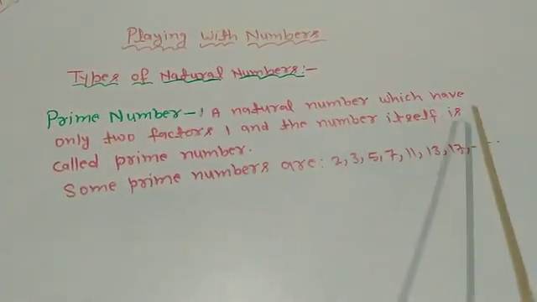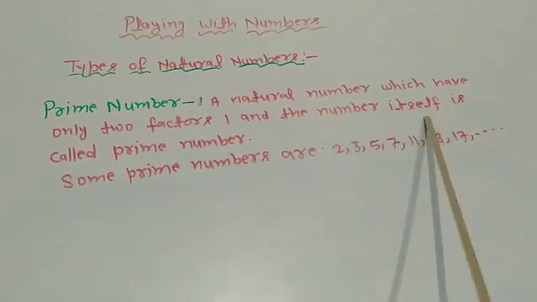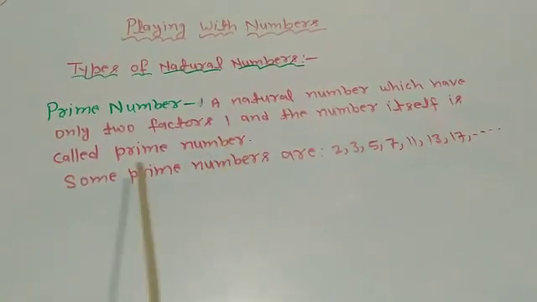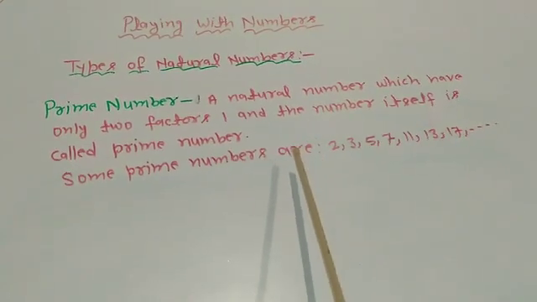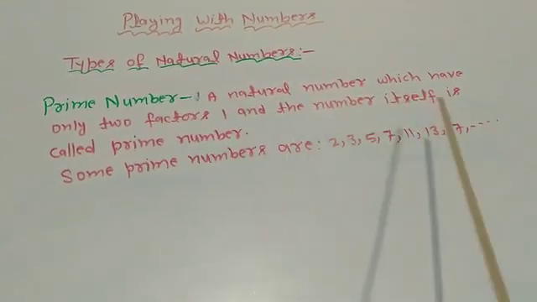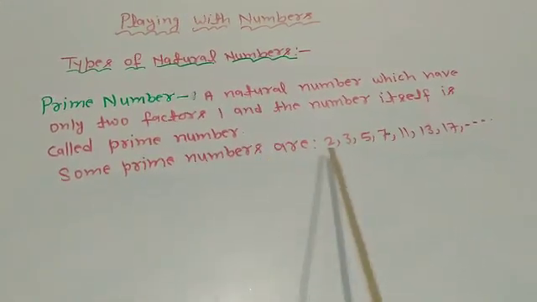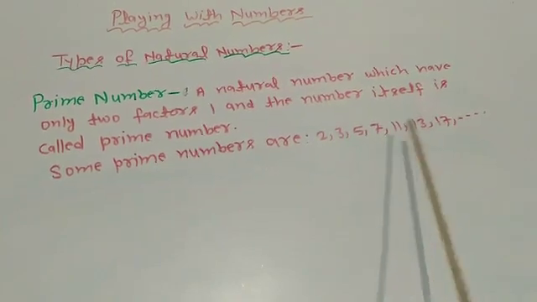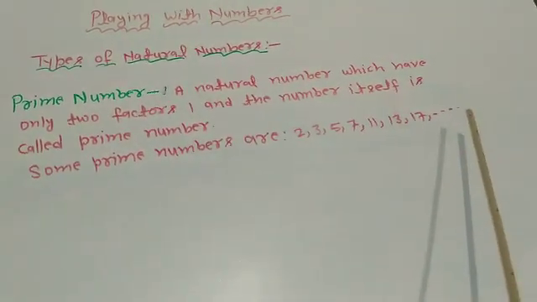Natural numbers which have only two factors, 1 and the number itself, are called prime numbers. Some prime numbers are 2, 3, 5, 7, 11, 13, 17 and so on.